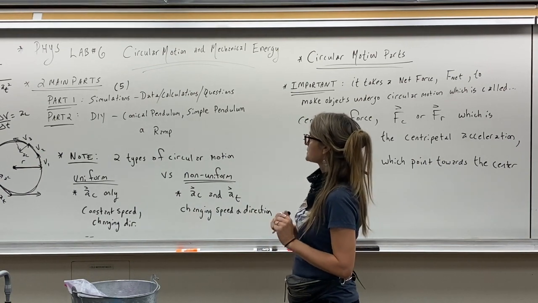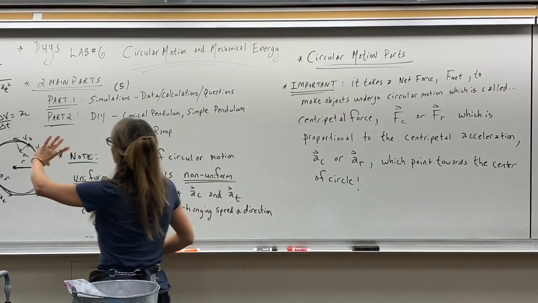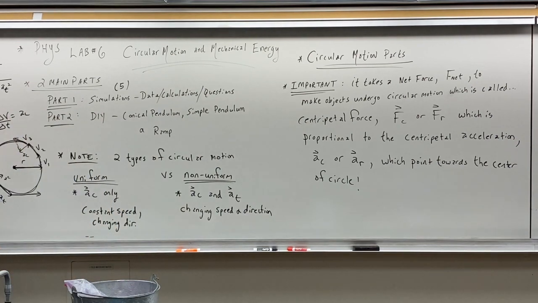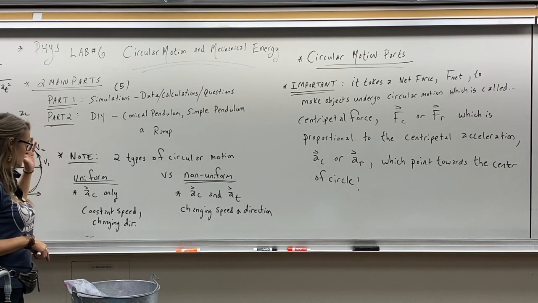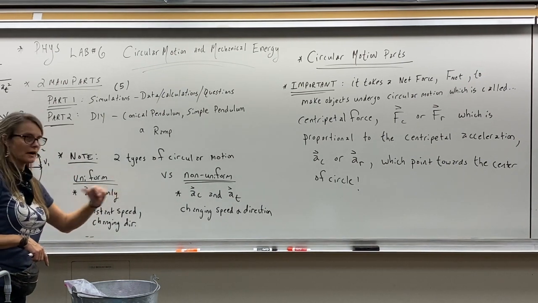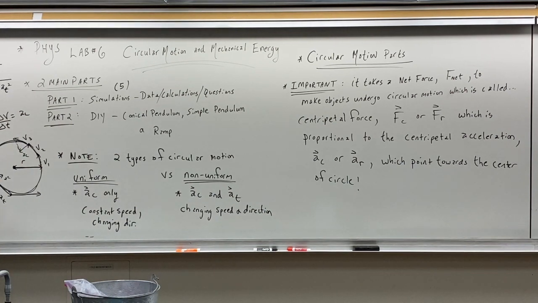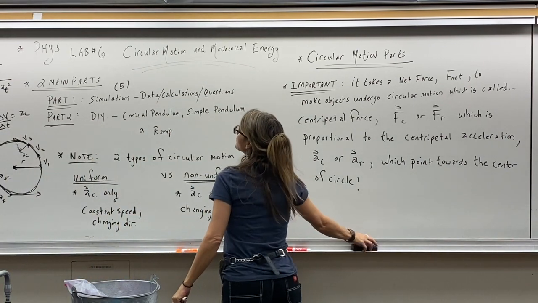Okay, so I'll go over that shortly here so that we'll have that background for our lab ideas that we're going to look at. Okay, so first identify whether it's constant speed circular motion or not. Okay, very important. When you have tangential, you have to get your total acceleration that way.